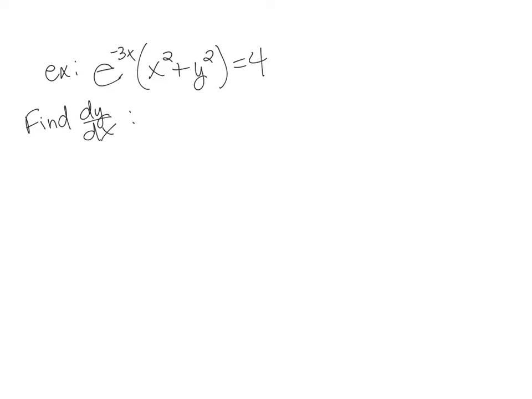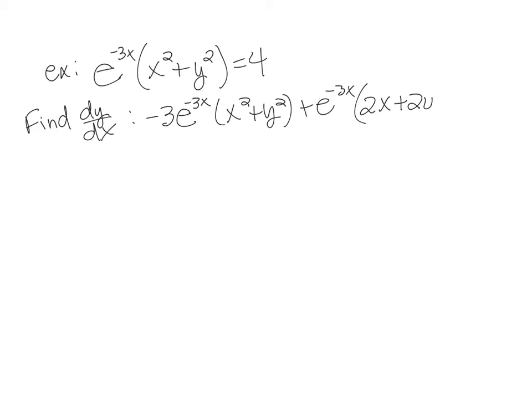So we have a product on the left-hand side. So I'm going to take the derivative of the first, and it's a function of x alone, times the second, plus the first times the derivative of the second, which is 2x plus 2y dy dx. And there's my only dy dx in the whole problem, equals the derivative of 4.